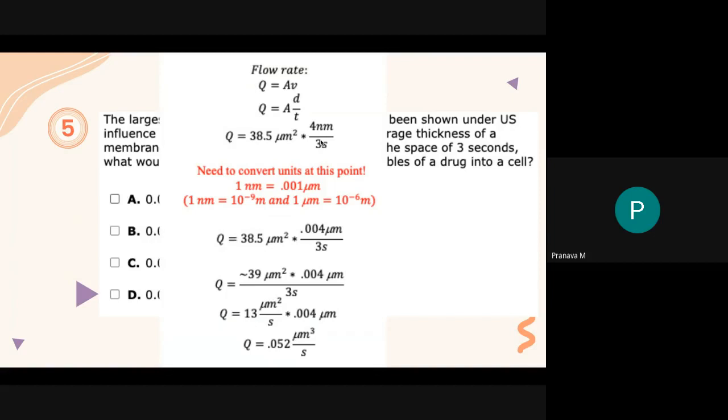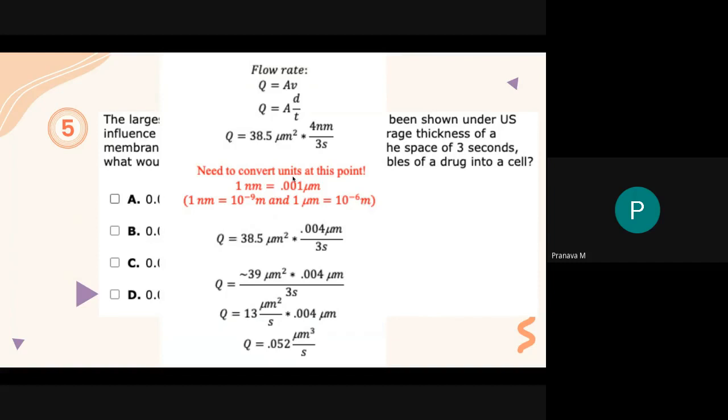At this point, we need to convert our units so everything matches. 1 nanometer equals 0.001 micrometer, because 1 nanometer is 10 to the negative 9th meter, and 1 micrometer is 10 to the negative 6th meter.